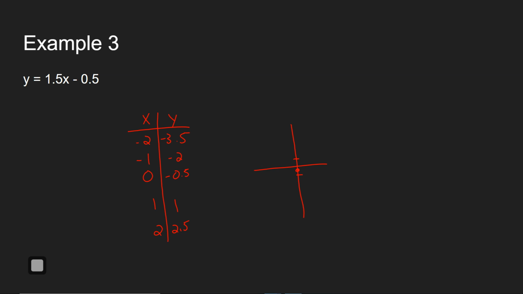I'm just going to plot exactly what we have here. Like I have 1, 1. I have 2 and 2.5. Negative 1, negative 2, and negative 2, negative 3.5.